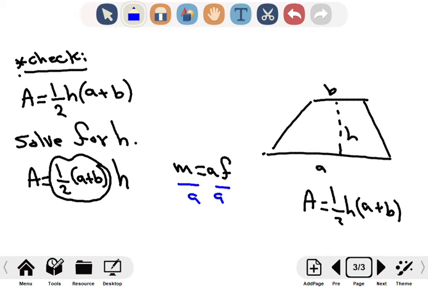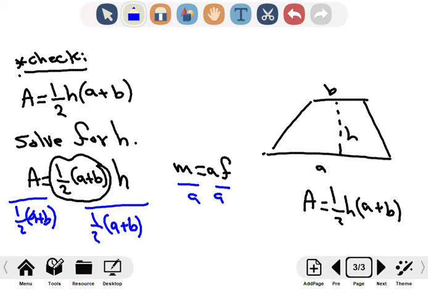Here this whole part is like A. I want H alone, so what do I do? I divide by this whole part. So I'll divide by half times A plus B on both sides. Keep it in its place. How do we get rid of half times A plus B? It's multiplied, so I divide.